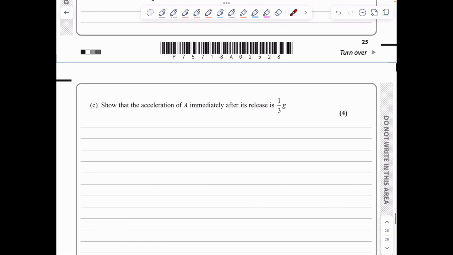So if we start by considering A here, we've got that capital T minus the friction plus the component of the weight, so 2mg sine alpha, is equal to the mass of 2m times the acceleration. Now we're looking at capital T minus the frictional force, which we found to be 22mg/39, plus 2mg times the sine of alpha, which is 5/13, and all of this is equal to 2ma.